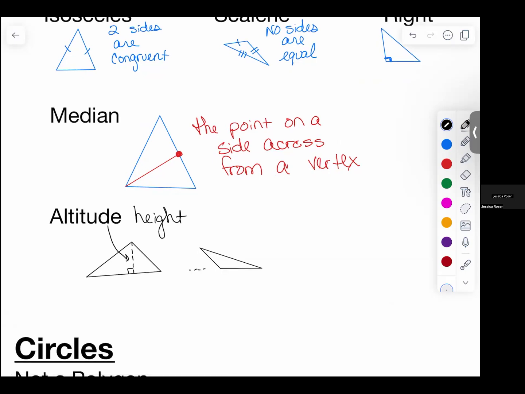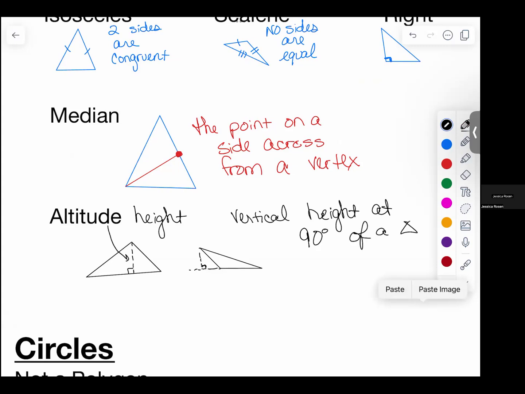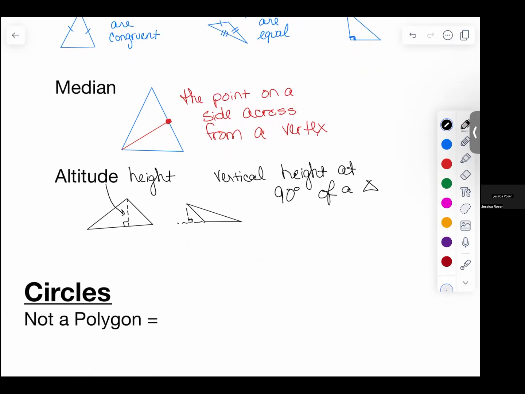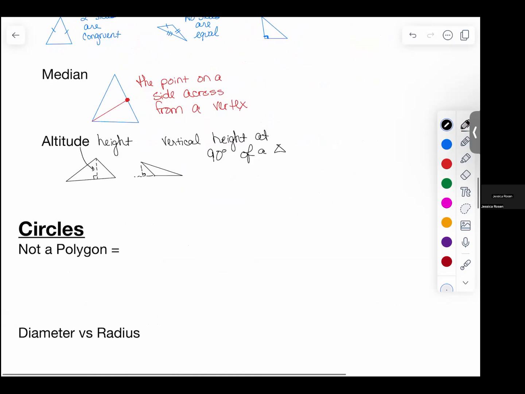So sometimes what they do is they extend the straight angle, and then the height is this way. So that creates the 90 degree angle. So it's the vertical height at 90 degrees of a triangle. Okay, it's the line segment through the vertex and perpendicular line. So just remember it's the height of the triangle. It's the easiest way to go about it.